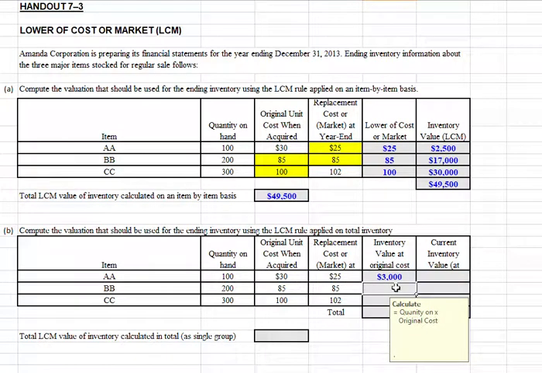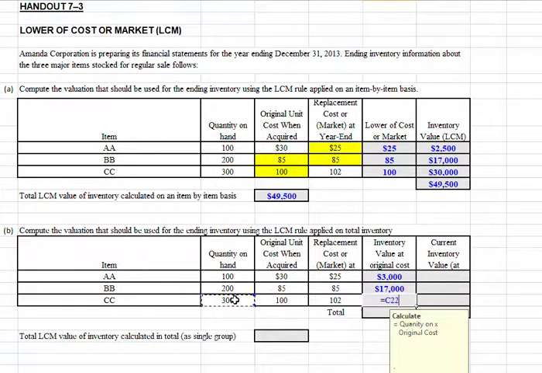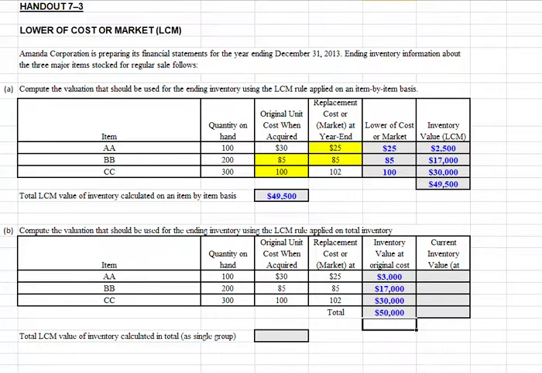For item B, we've got 200 items at $85, $17,000. And for item C, 300 items at $100, or $30,000, for a total acquisition cost of $50,000. And that is at the original cost.